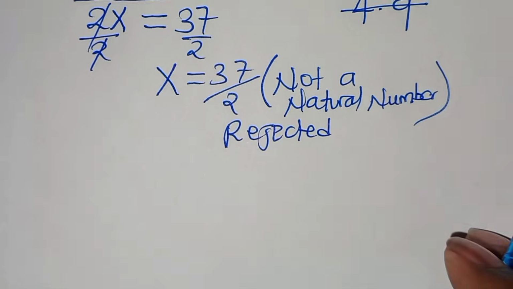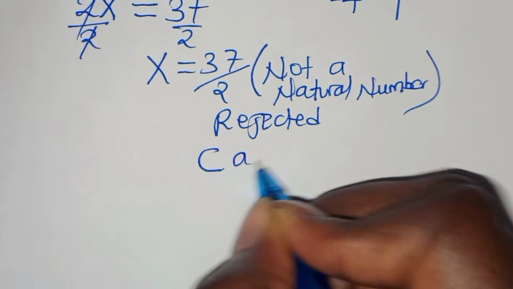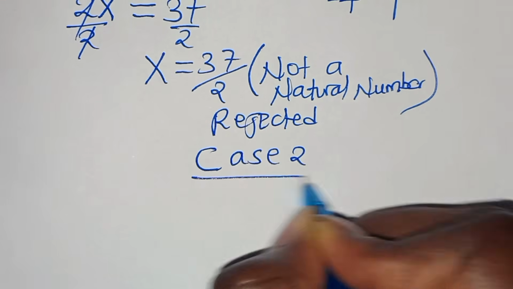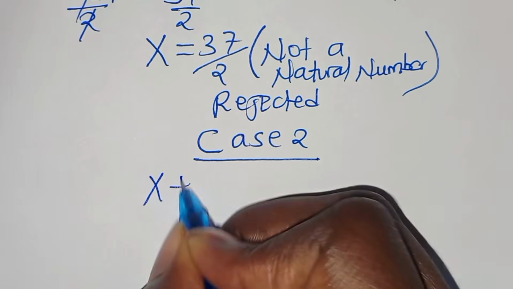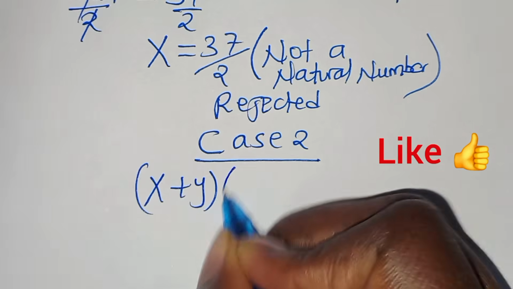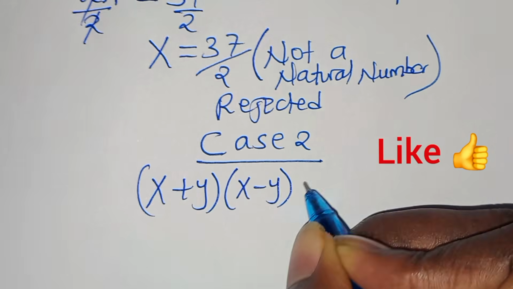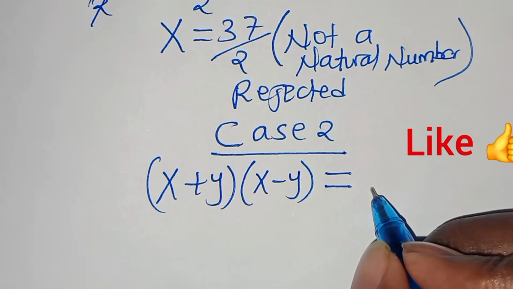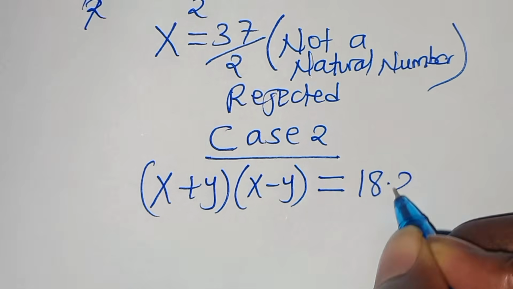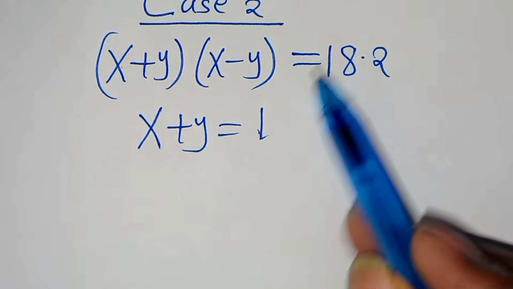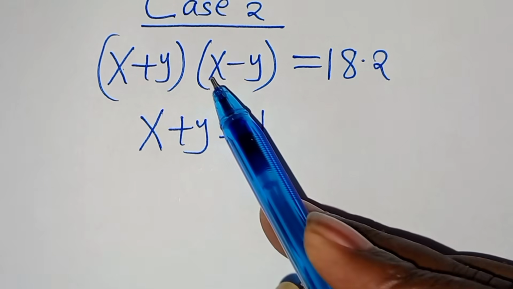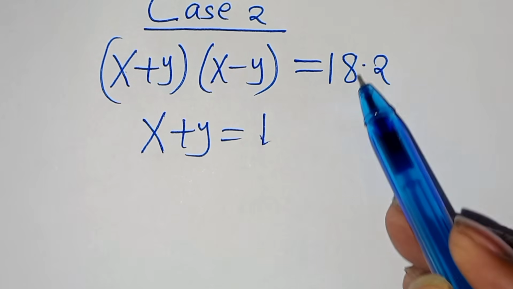So let's proceed to case 2. In case 2, we have x plus y multiplied by x minus y is equal to 18 multiplied by 2.